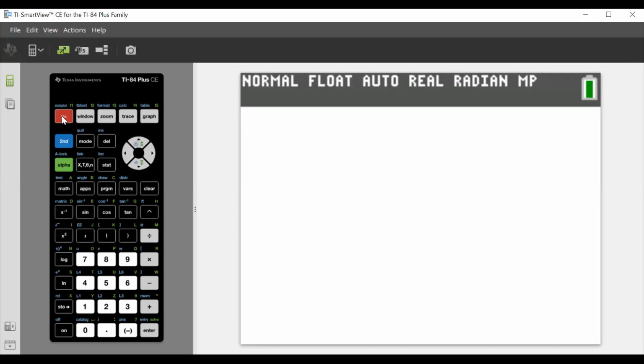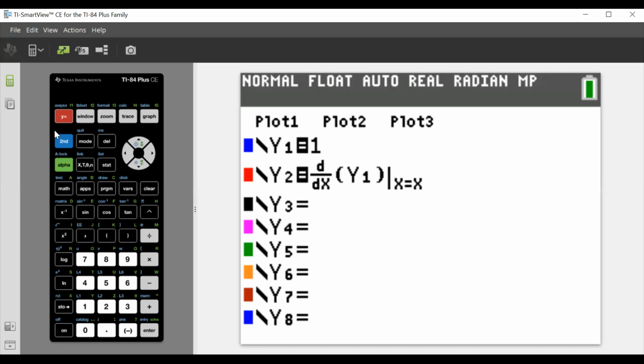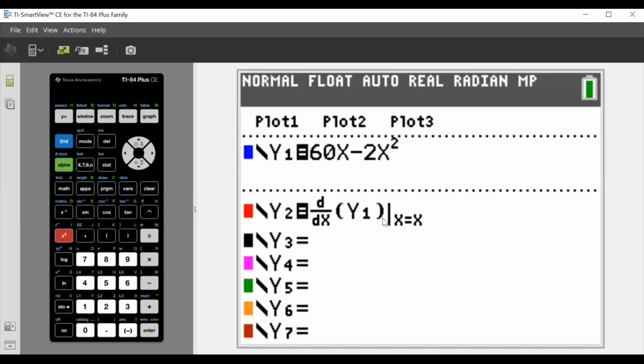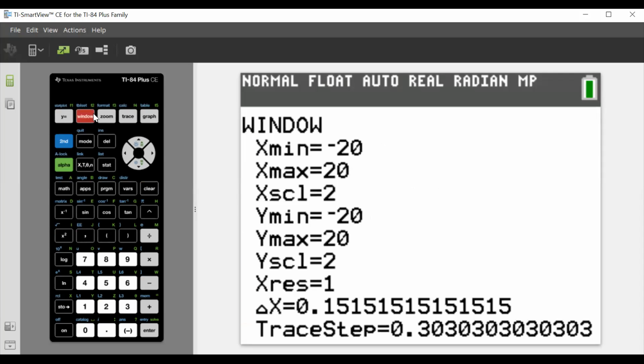But what if we go in here and say, okay, well, our graph originally was going to be 60x minus 2x squared. Now, I've said also plot this. And so what I should probably do is make sure my window is going to be large. I'm going to only want positive x values.